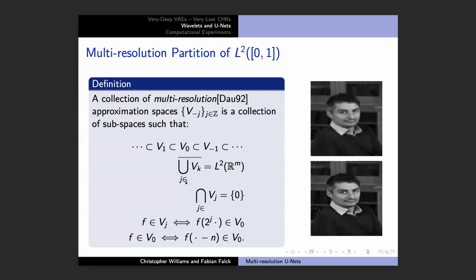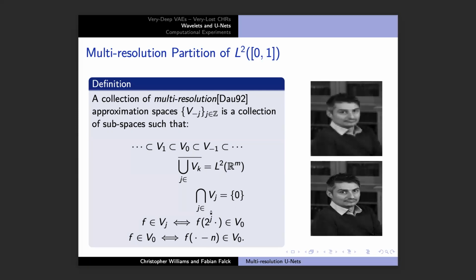If you take all of them, there's meant to be a Z there, you'll eventually recover the whole of L2 if you take the closure. And if you take the intersection of all of them, you'll get a trivial function. The only function that you can approximate with absolutely no pixels is just a flat black 0 image. If you have infinitely fine pixels, you can get any infinitely fine L2 function.